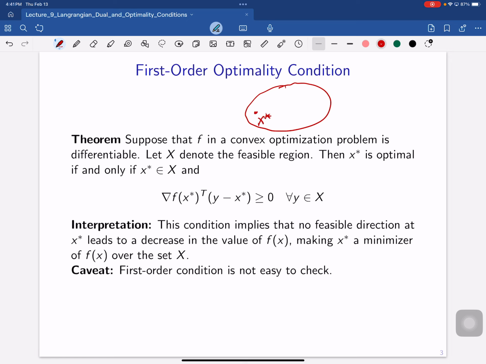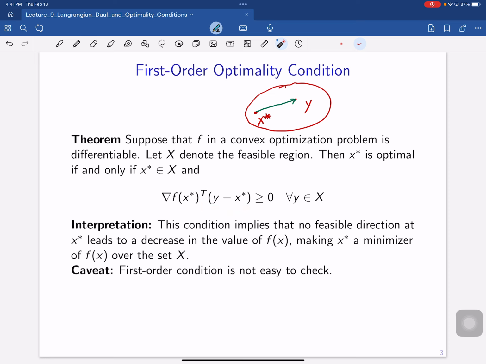If you pick any arbitrary point y in the set and move from x star to y, you are moving in the direction y minus x star.